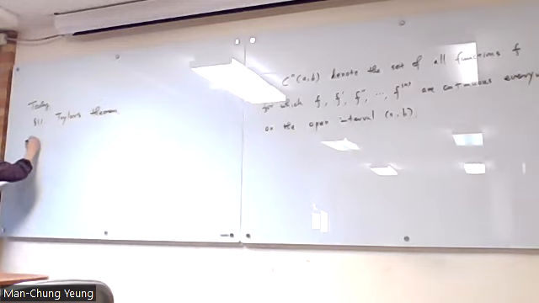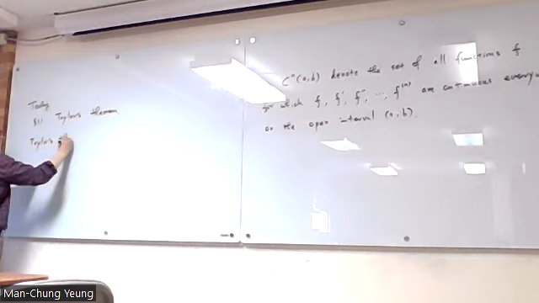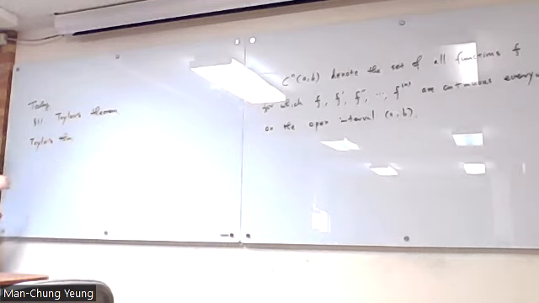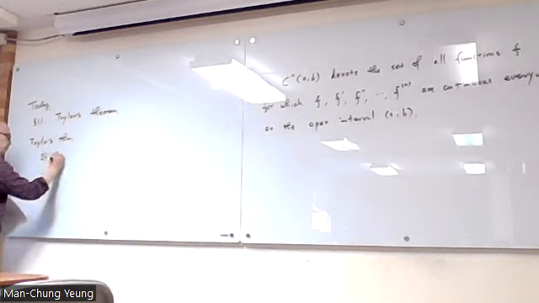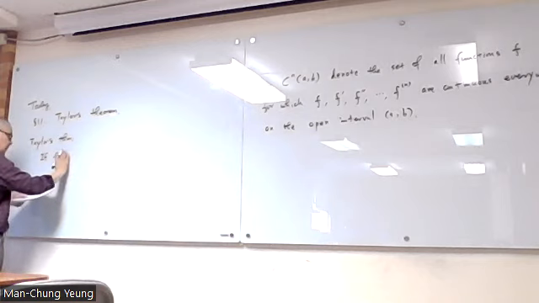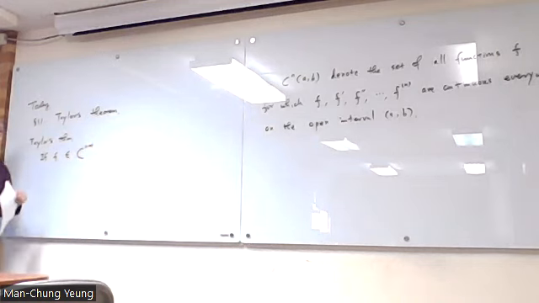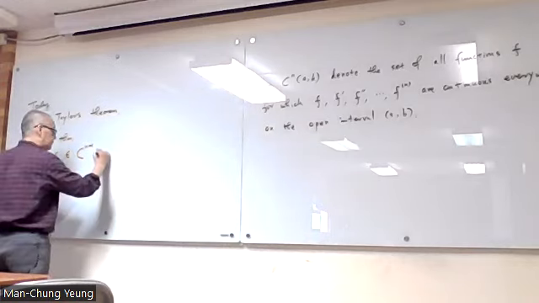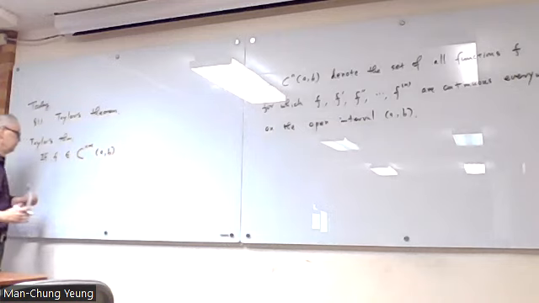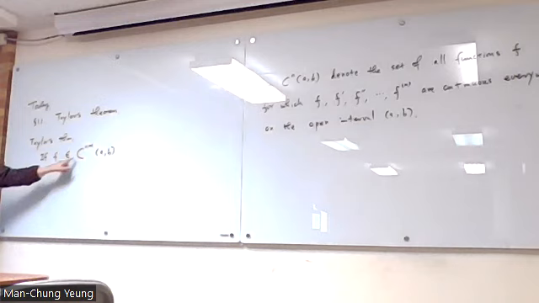Taylor's theorem. Suppose the function f is from the set C^(n+1)(a,b), with derivatives up to order n plus 1. This symbol means f is from this set.